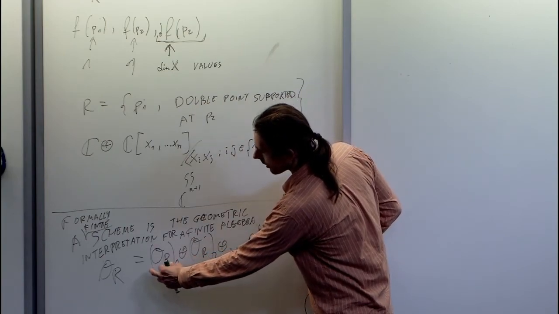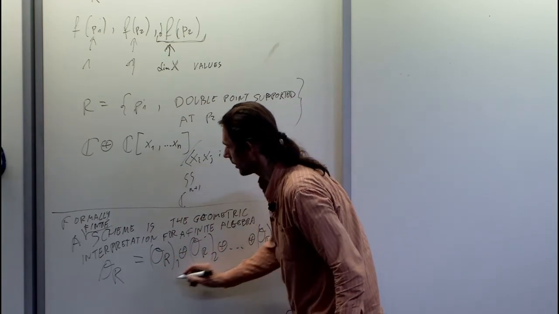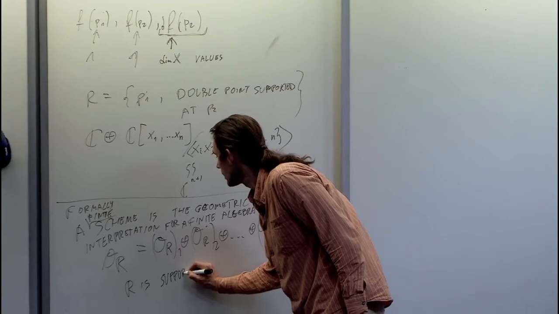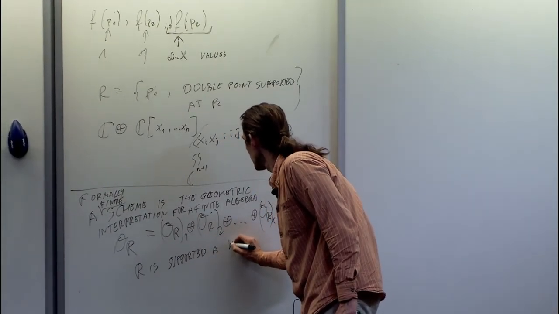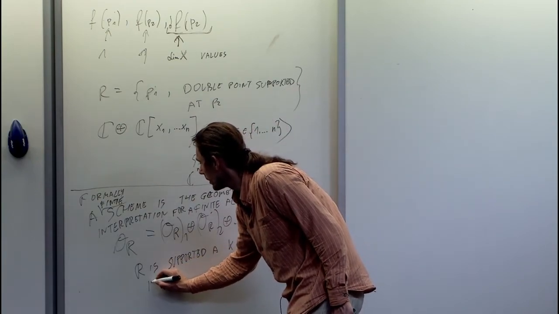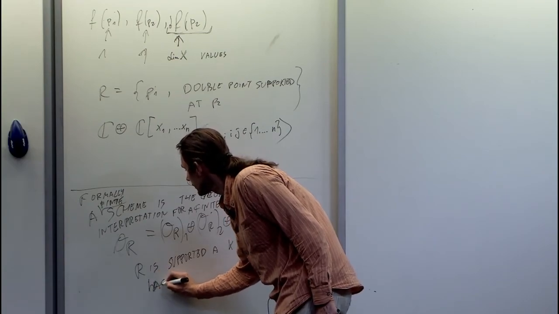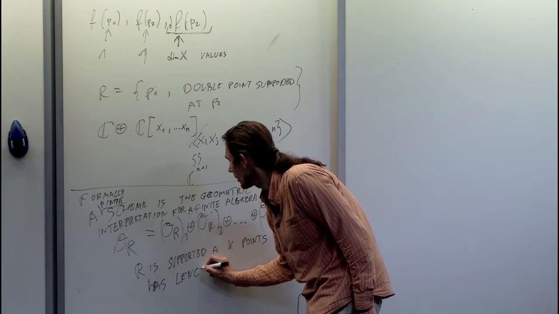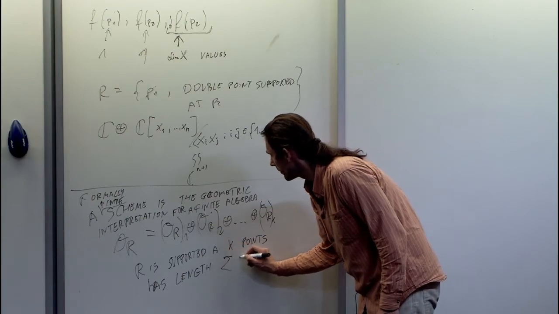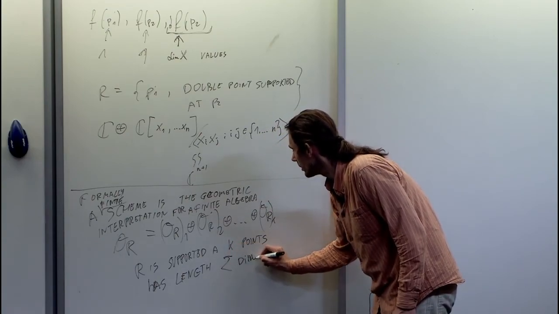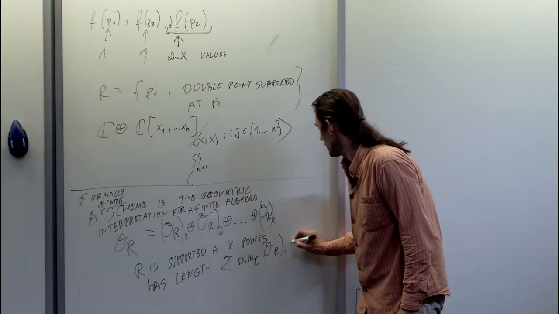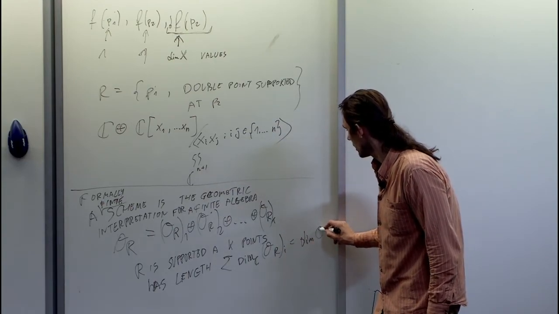So the scheme will be supported at these K points, and has length which is the sum of the complex dimensions of O_Ri, which is just the complex dimension of O_R.